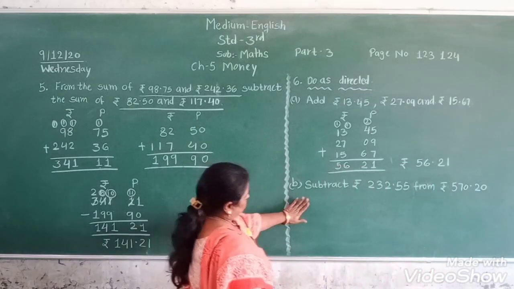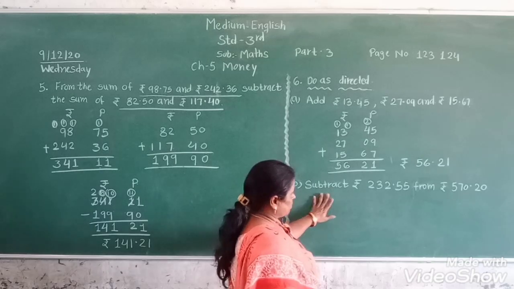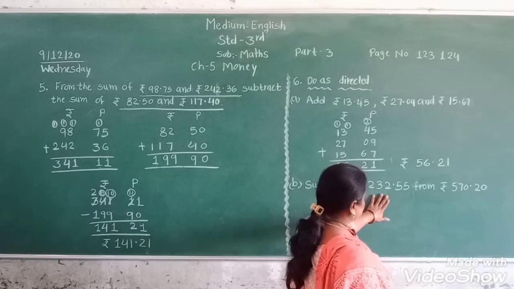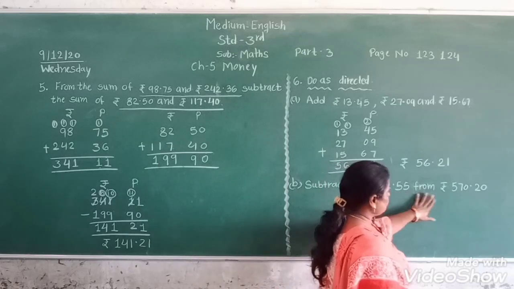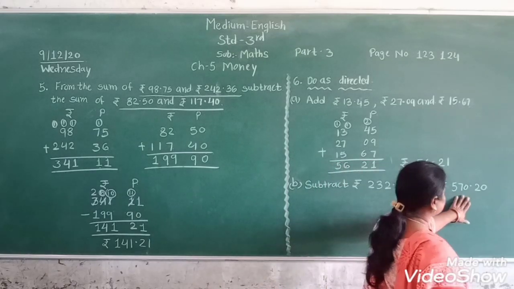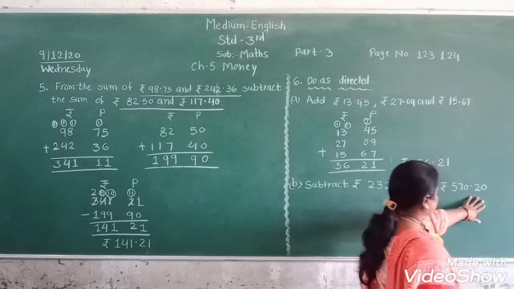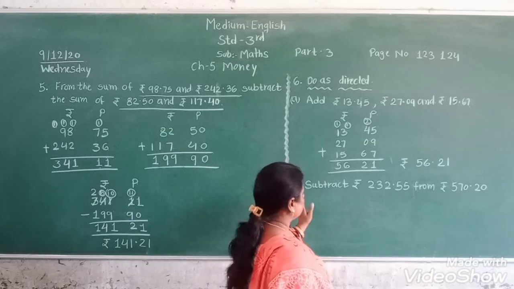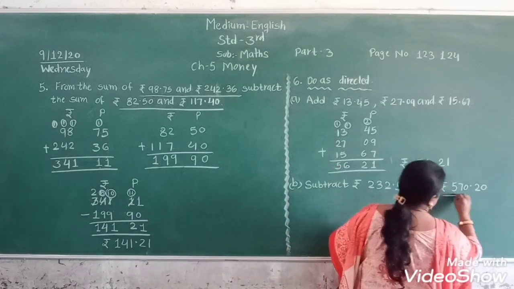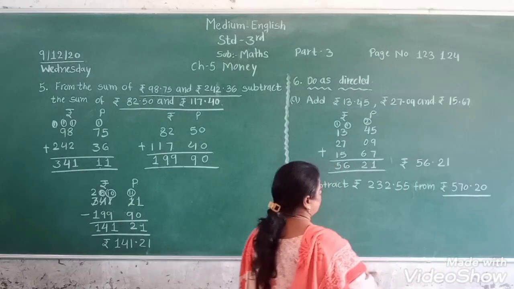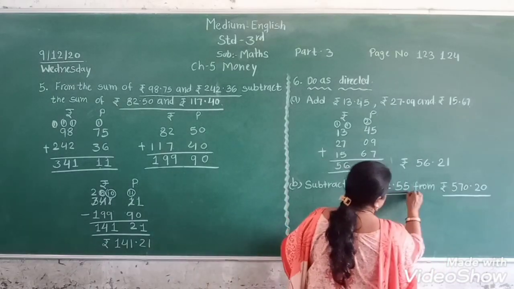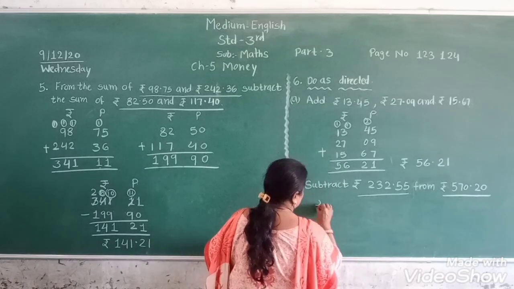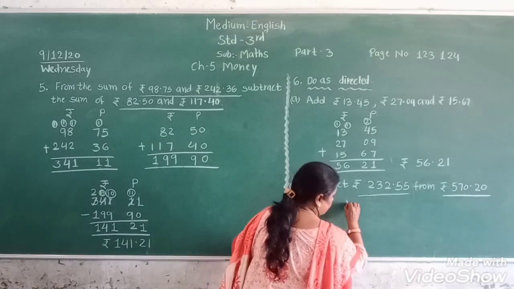Okay. B sum. Subtract rupees 232.55 from rupees 570.20 paise. So here we write first this number and below it write this number. Rupees and paise.